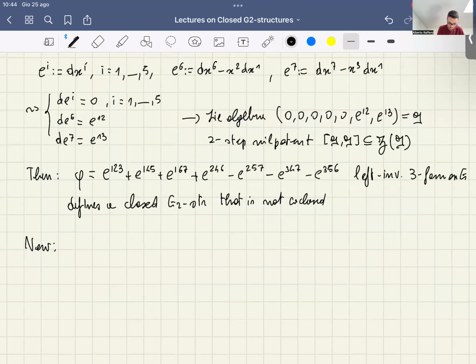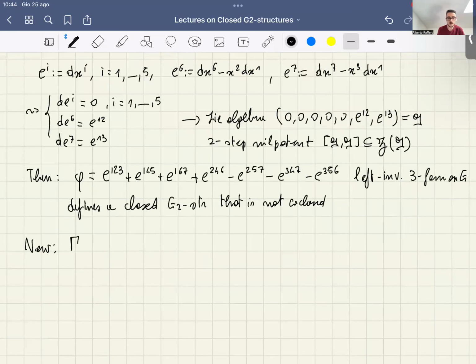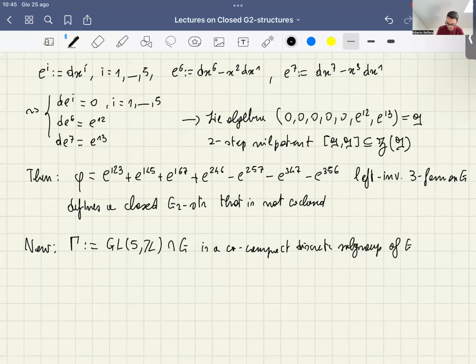Now, what happens is that there exists a co-compact discrete subgroup of this group G, let's call it gamma, given by considering the intersection of invertible 5 by 5 matrices with entries in Z with G. So this is a co-compact discrete subgroup of G.